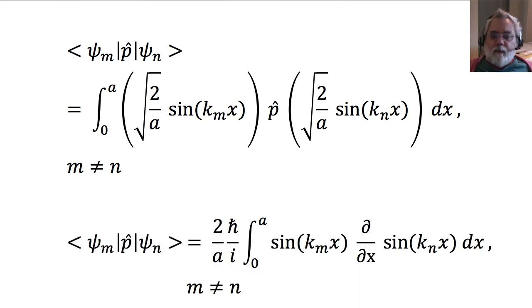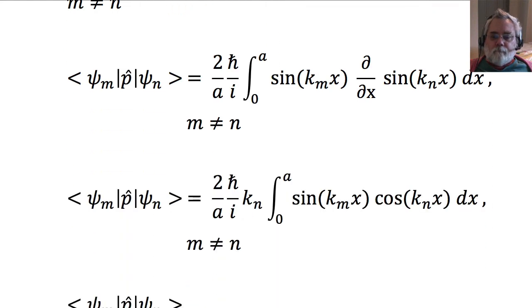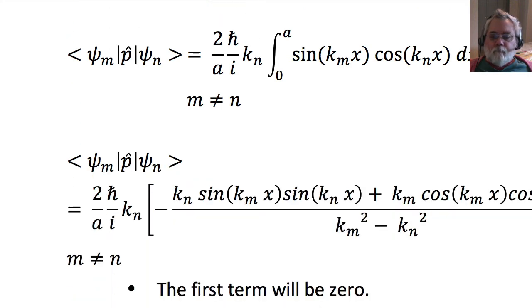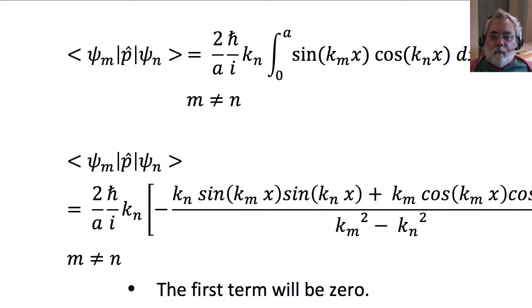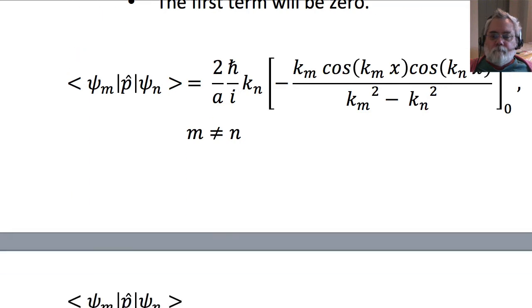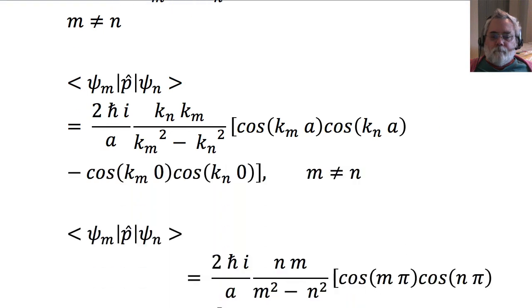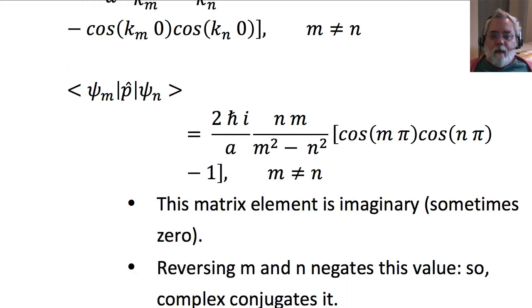We certainly can do that with Wolfram Alpha. We know what K sub m and K sub n are. And here we get the answer.